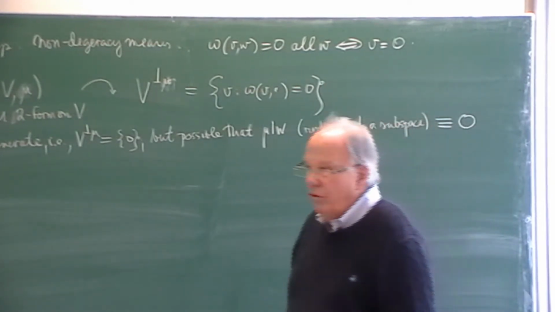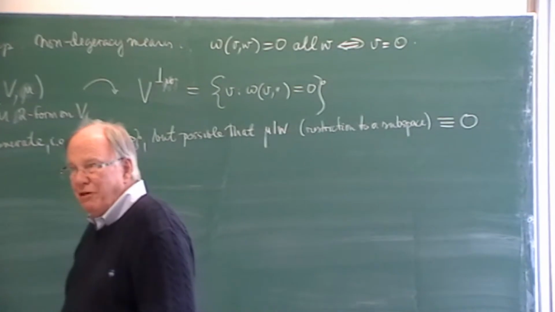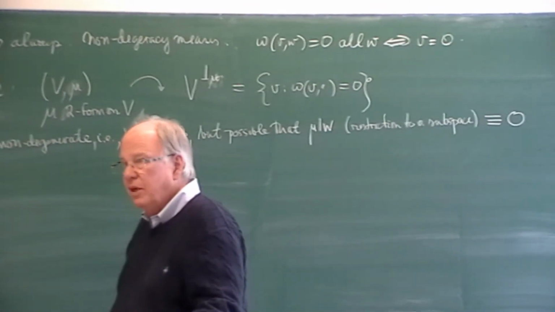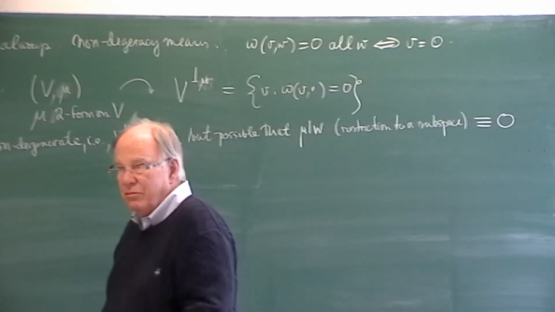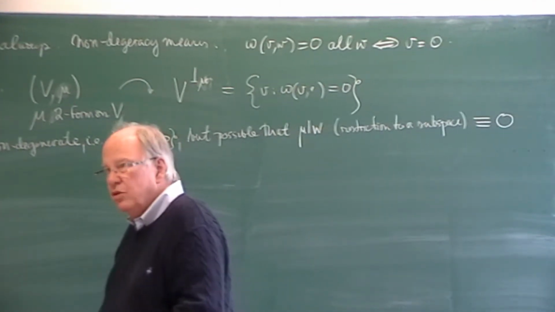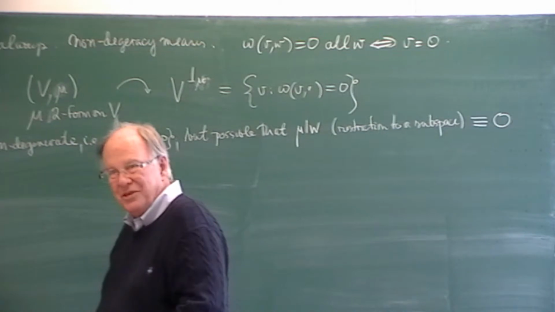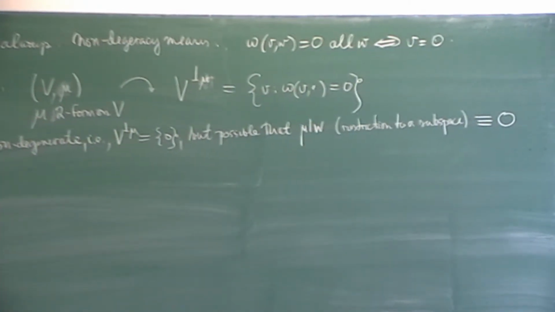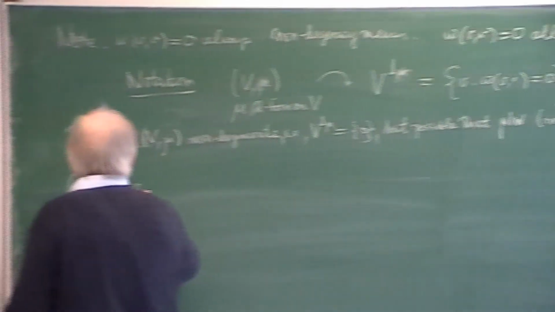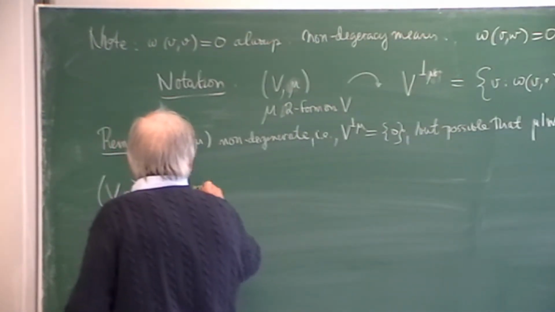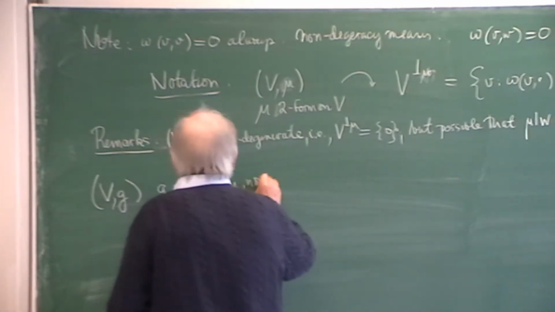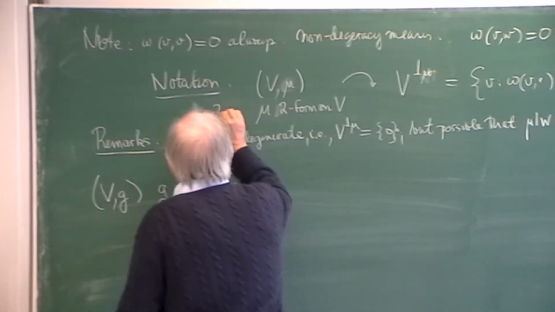Don't forget, if you restrict a metric, a positive definite metric, to a subspace, not a pseudometric, but a positive definite metric, it doesn't vanish. It remains non-degenerate. It's the big advantage with Riemannian structures. So G symmetric and non-degenerate, this was a two-form here.